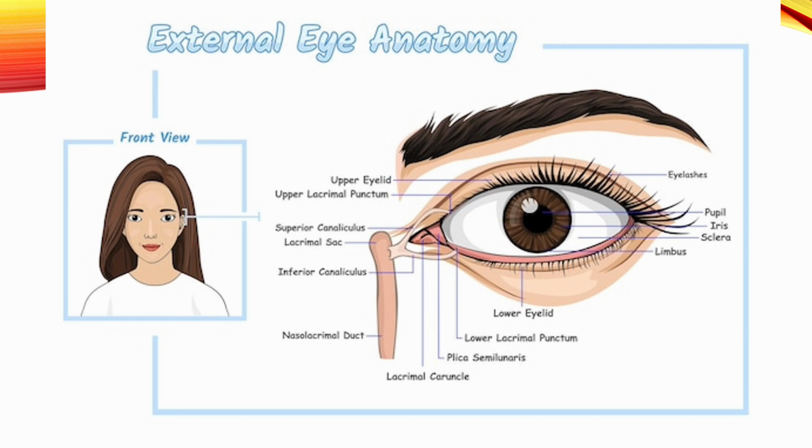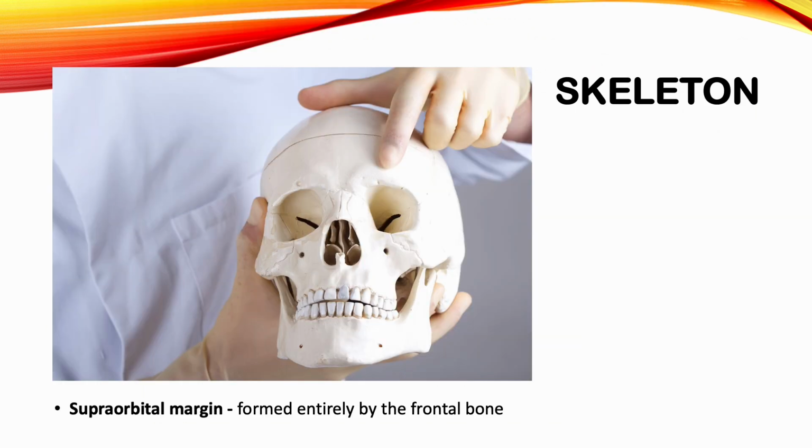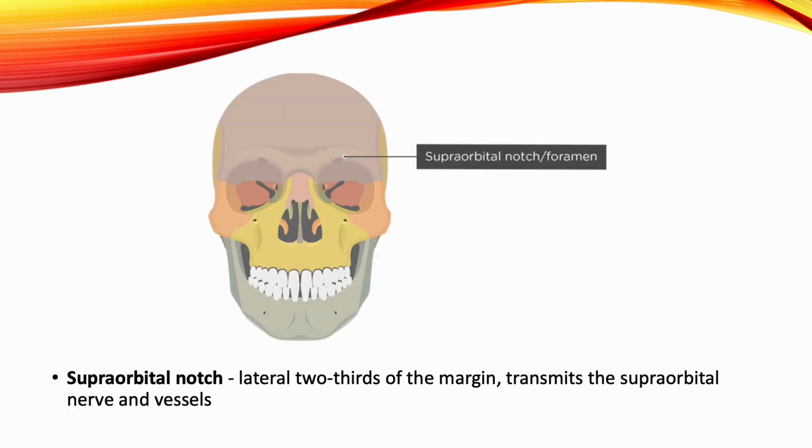External eye anatomy. The orbital opening is the house of the eyes. The supraorbital margin is formed entirely by the frontal bone. The supraorbital notch is located at the lateral 2/3 of the margin and is the location that transmits the supraorbital nerve and vessels.